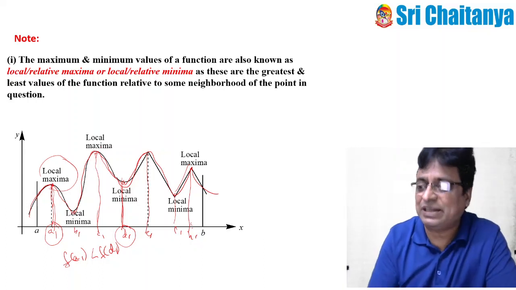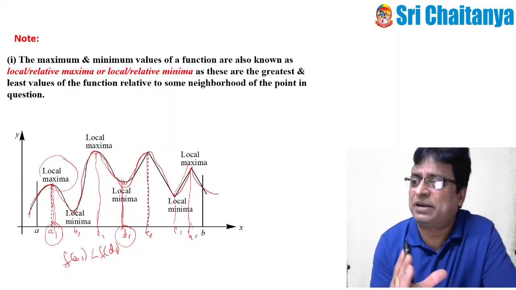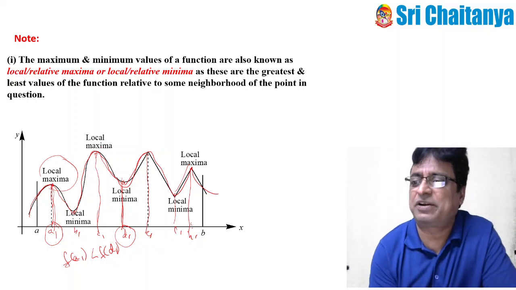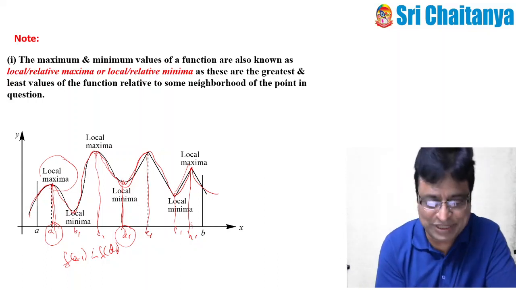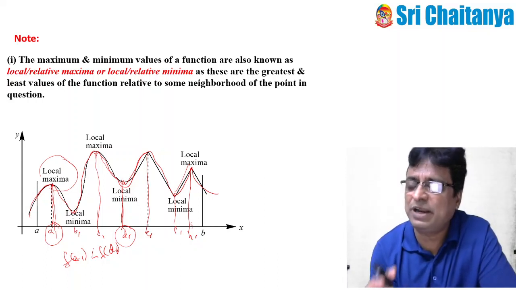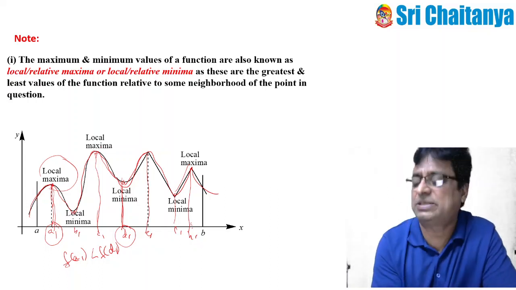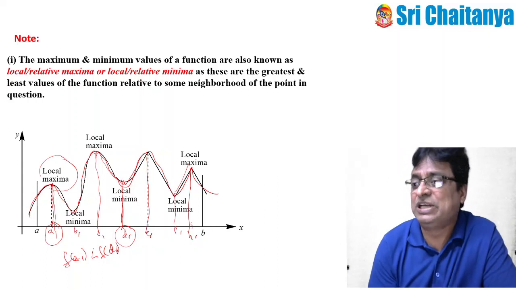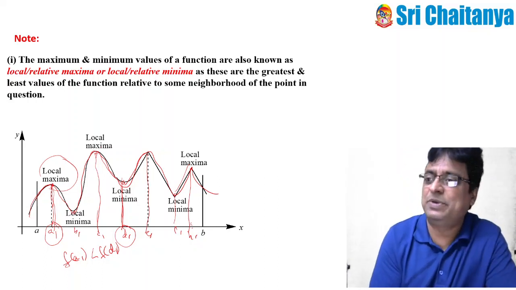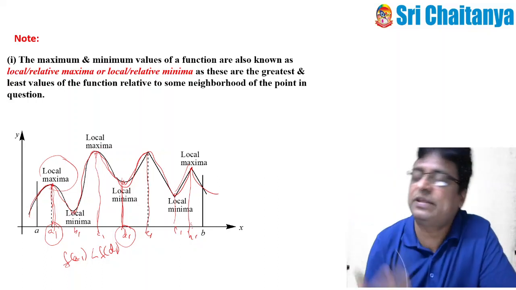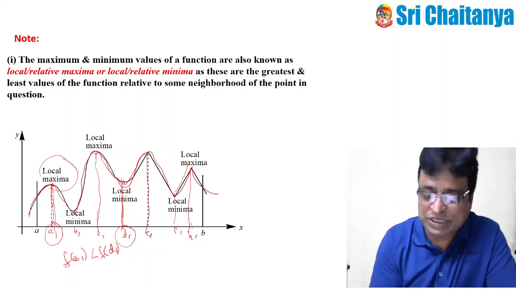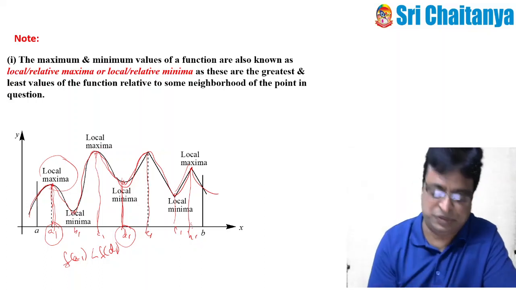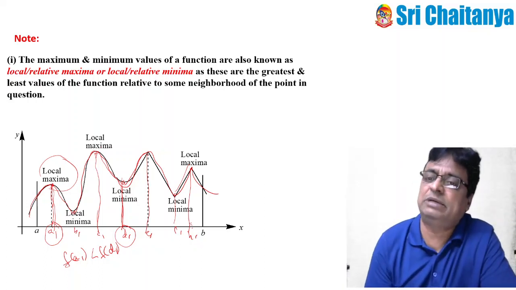That is why they are called local, like street rowdies or area rowdies. In this local area only it is the maximum, and in this local area only it is the minimum. Sometimes a local maximum may be less than the local minimum at another point. All of this happens for a continuous curve defined on the closed interval [a, b].